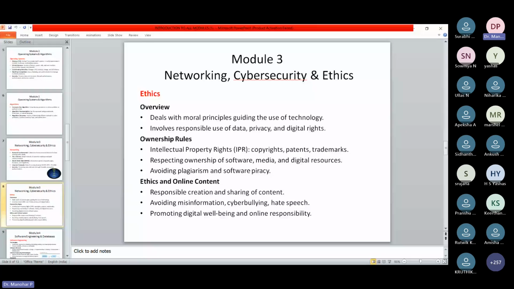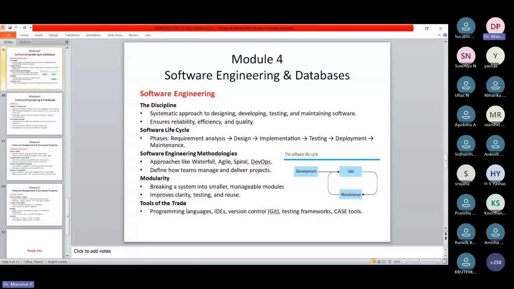Then software engineering: here you have many methods which can be used to design, develop, and test, and you can even use various software tools through software engineering. So how to design, develop, test, and maintain software is what you learn here.